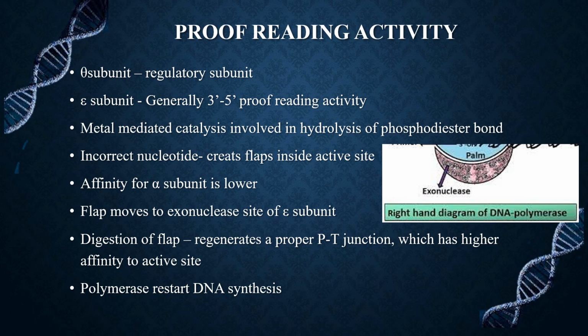So the flaps move into the nearby exonuclease site in epsilon, and the template DNA remains bound in the active site. The digestion of the flap occurs and regenerates a proper PT junction, which has higher affinity to the active site. Thus the polymerase restarts DNA synthesis.